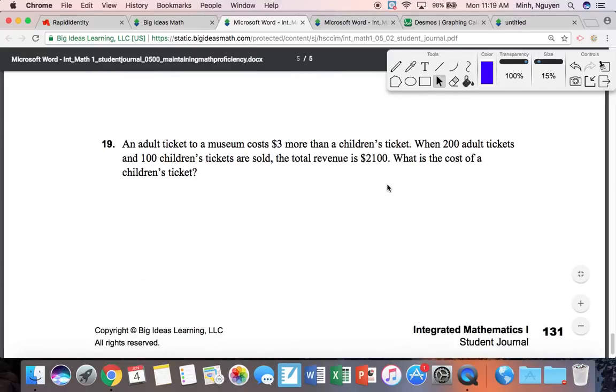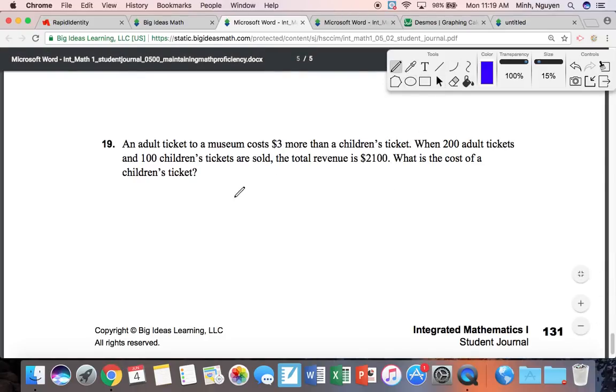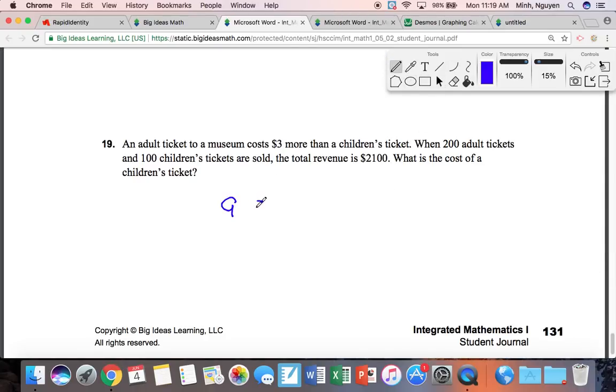An adult ticket to a museum costs $3 more than a children's ticket, so adult ticket equals 3 more than the children's ticket, so children's ticket plus 3. So this is cost of an adult, this is cost of a child.